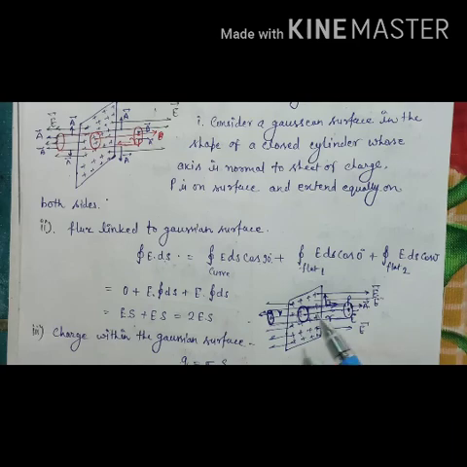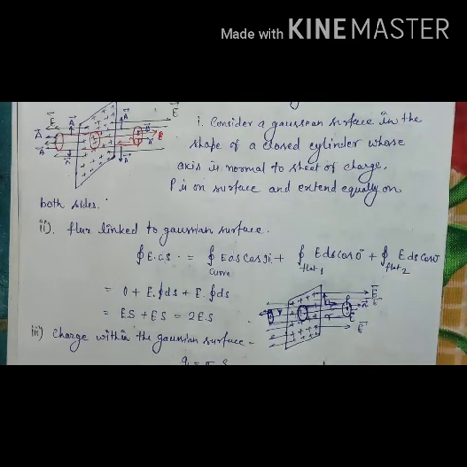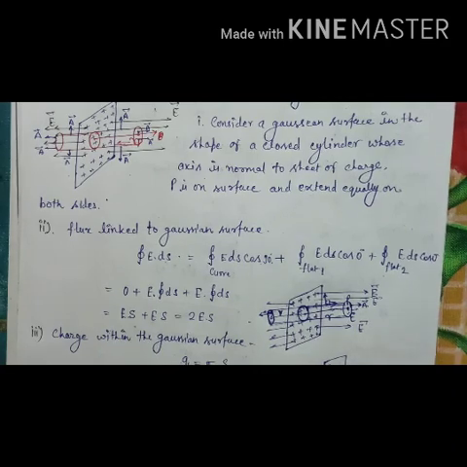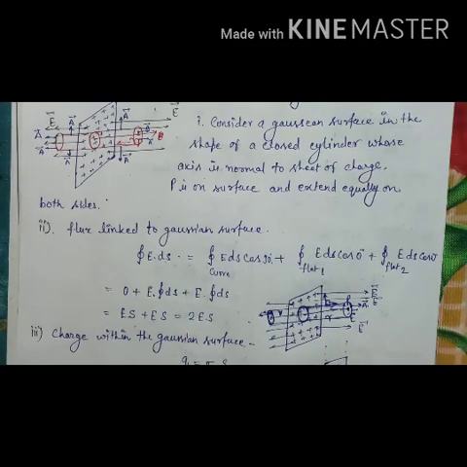Let us suppose we have a plane sheet and charge is continuously distributed here. This is an infinitely large sheet, so the electric field due to it will be in this direction.